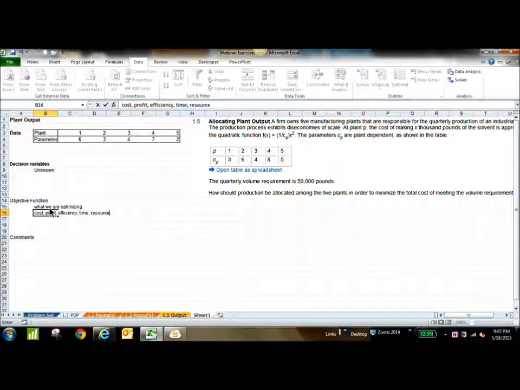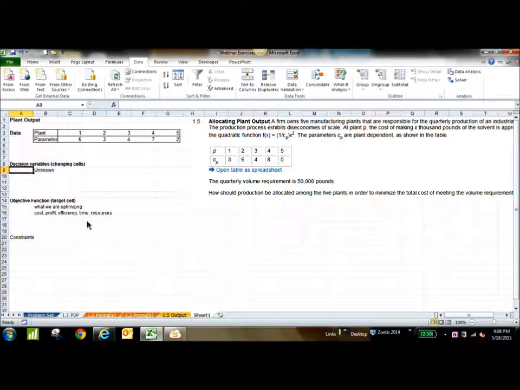We call that the objective function. We also call that the target cell. You'll hear two different names for that. Decision variables are also called the changing cells. So you can learn these terminologies as we go on.